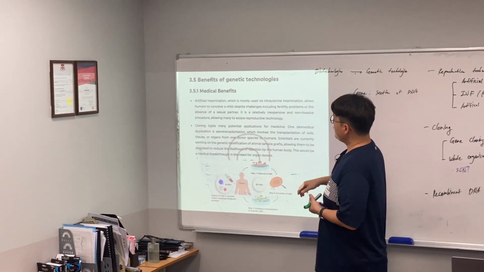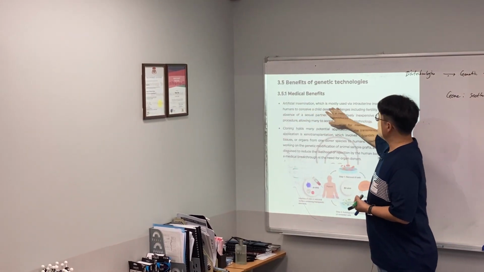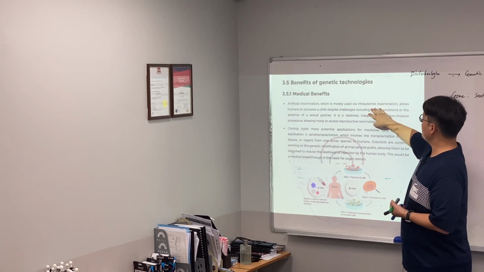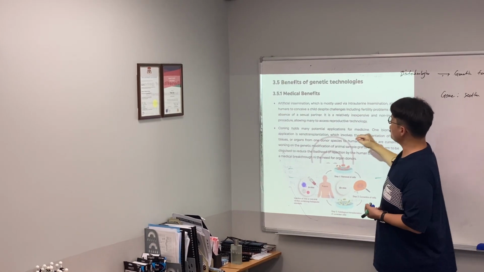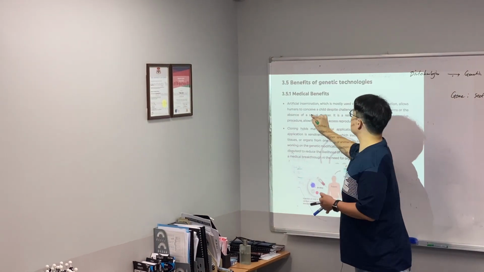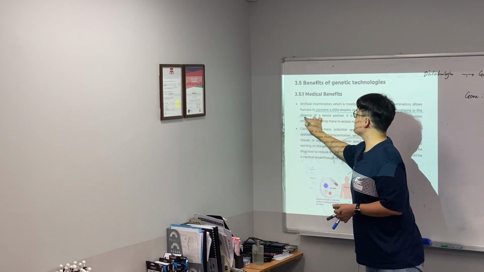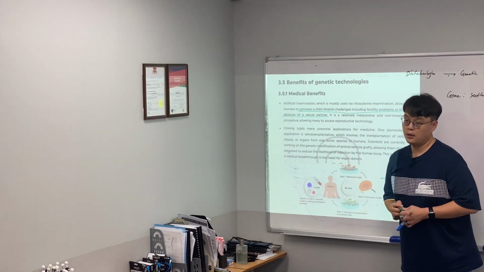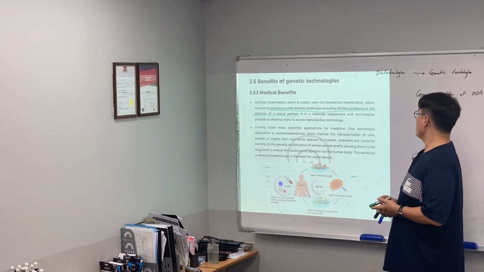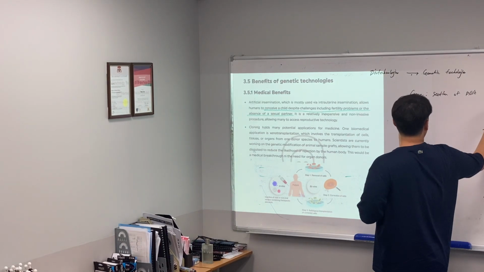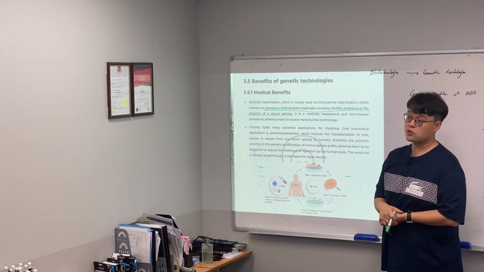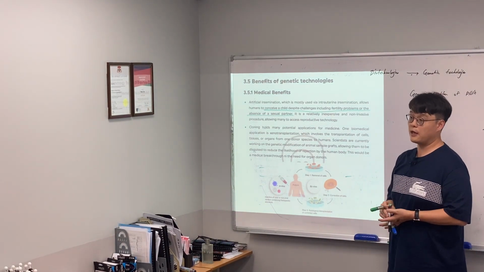Artificial insemination, for example, which is mostly via intrauterine insemination, allows humans to conceive a child despite challenges, including fertility problems or the absence of a sexual partner. In other words, yes, IVF could be one of the options too, but it doesn't need to be IVF all the time.